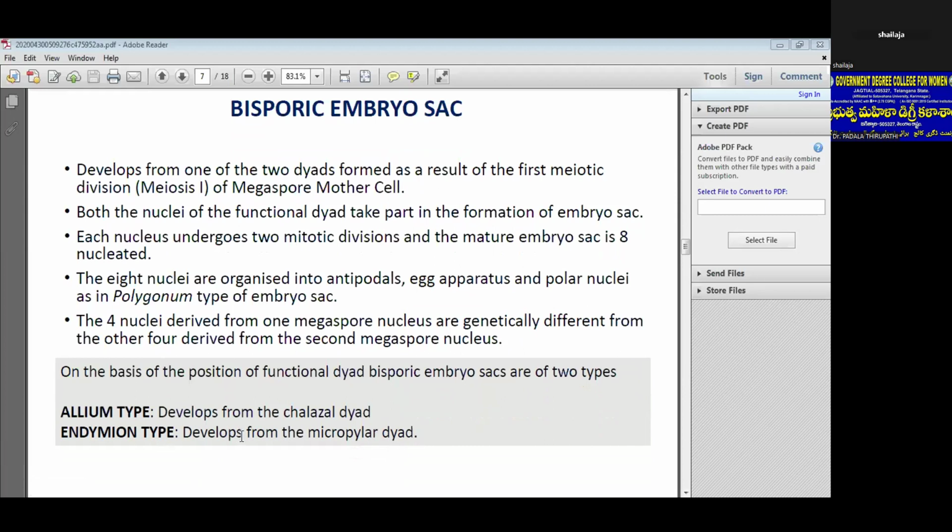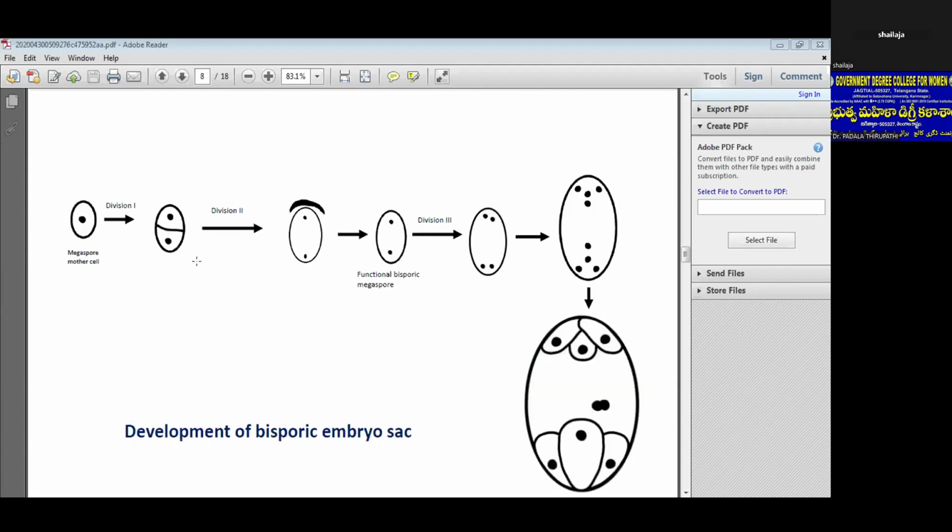What is the difference between monosporic and bisporic? In the monosporic, only one functional megaspore participates in the formation of the embryo sac, but in the bisporic, after the first meiosis, it develops from one of the two dyads. See here, this is division 1 of the megaspore mother cell, and division 2 gives the functional bisporic megaspore.